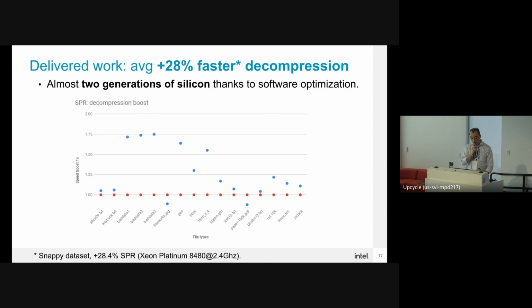Of course, in some data files like HTML, the gain was over 50%. In other data files like JPEG, there was a small regression. But generally speaking, those patches behaved pretty well together.